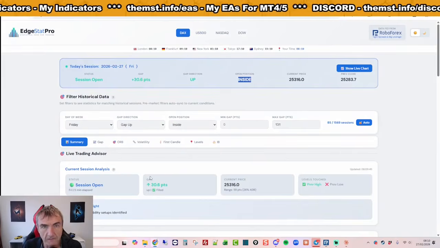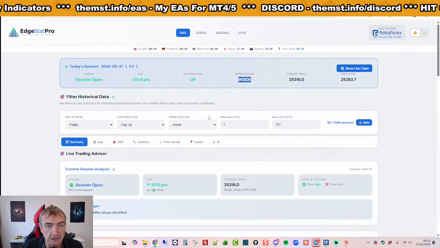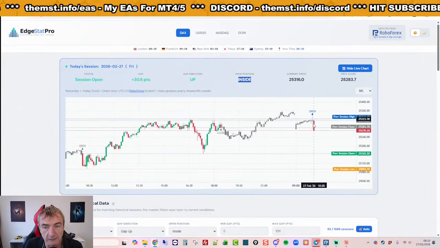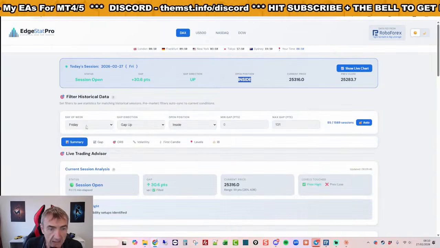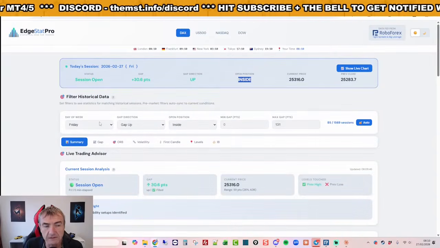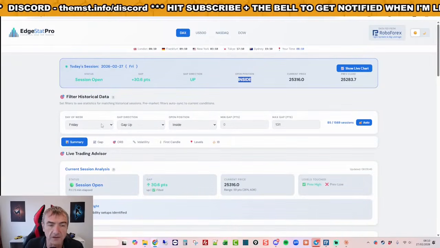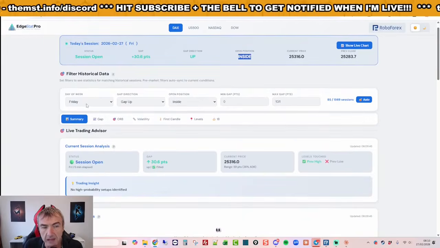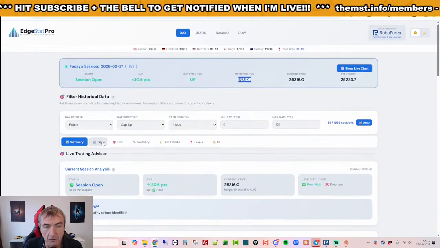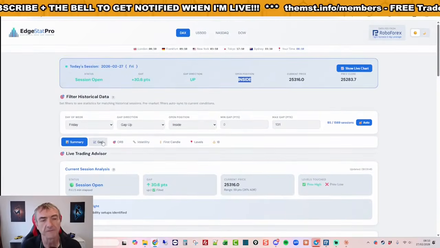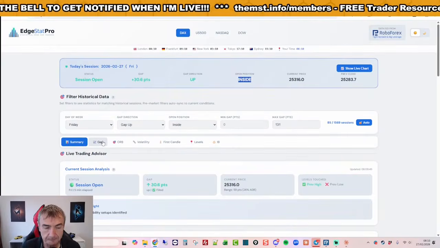But it takes it a lot further than you can with an indicator. So it's got live data being fed into it, so you can see the data coming through here live. And it automatically filters all of the last 5 years worth of data and gives you the statistics on multiple sort of things that happen every day.